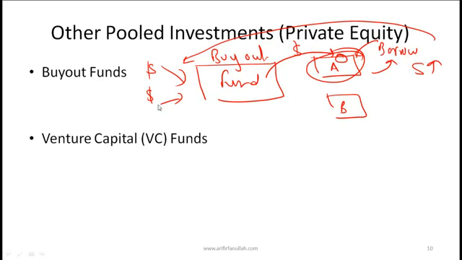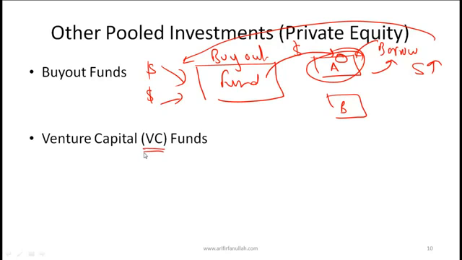The key point with a buyout fund is that money is invested in established companies. At times these might be publicly traded companies where the buyout fund takes a publicly traded company, buys all the shares and turns it into a private company, improves it, and then potentially resells it at a higher price so that investors get a huge return.